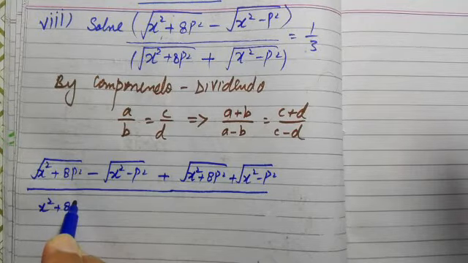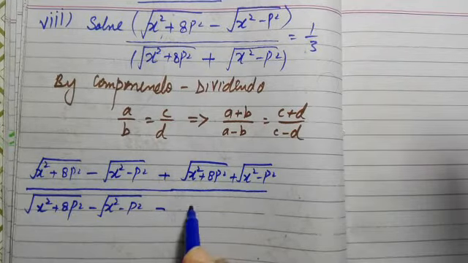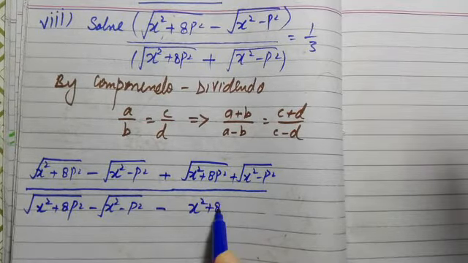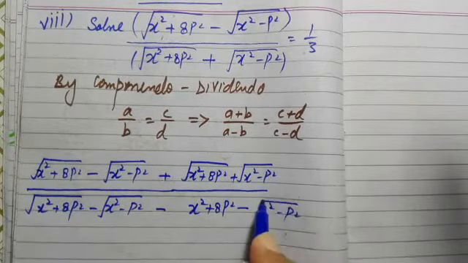Same term which is written in numerator will be written in the denominator part as well. And then you have to subtract the term which is in denominator. So that is x square plus 8p square and x square minus p square.